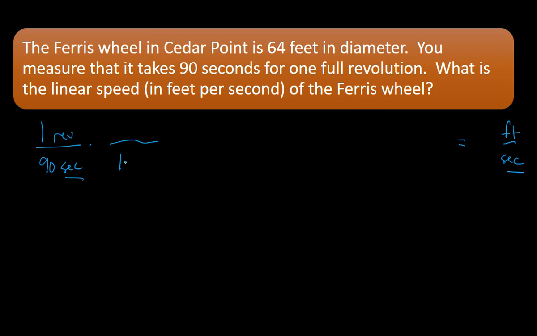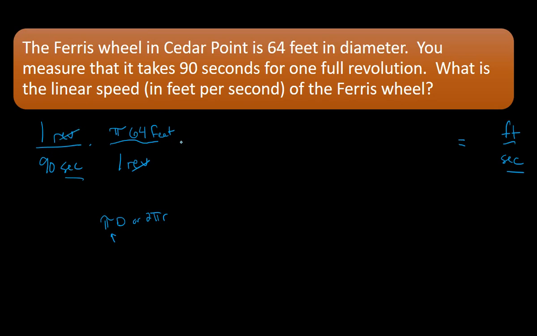So I know that 1 revolution now, again, am I using pi times the diameter or 2 pi r, depending upon what they gave us? So the Ferris wheel at Cedar Point has 64 feet in diameter. All right, so I'm going to use pi d. So pi and then 64 feet. That gets the revolutions out of the way.